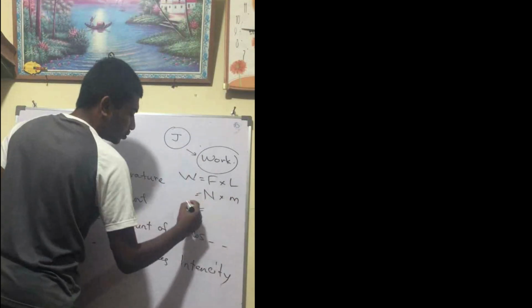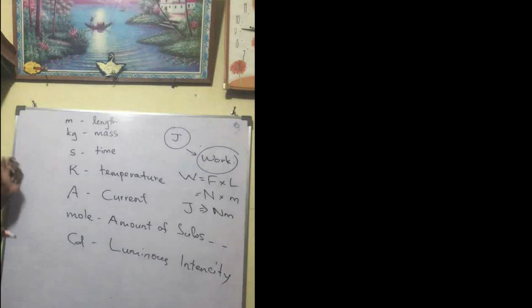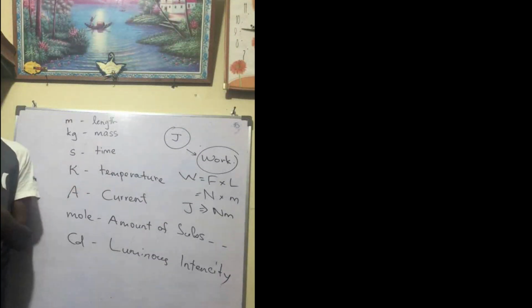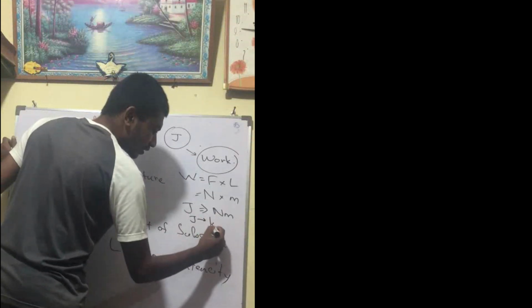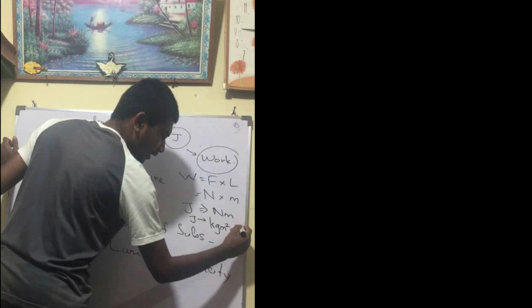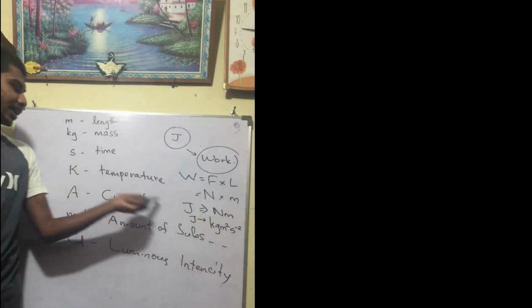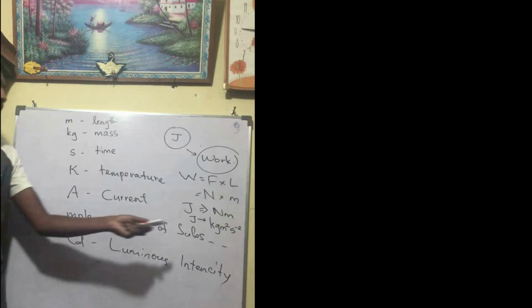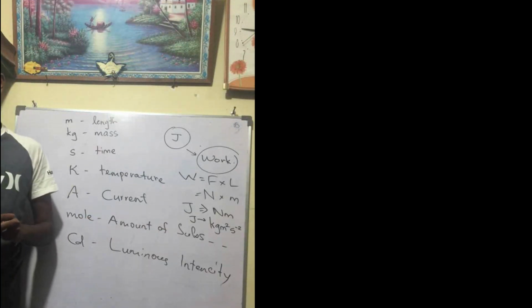So joule can be written as Newton meter, and you can convert the Newton meter into kilogram meter second minus 2 also. So ultimately, you can write joule as kilogram meter squared second minus 2, right? So joule can be written in fundamental units. So joule is not a fundamental unit, so the answer is the second answer for the first one.